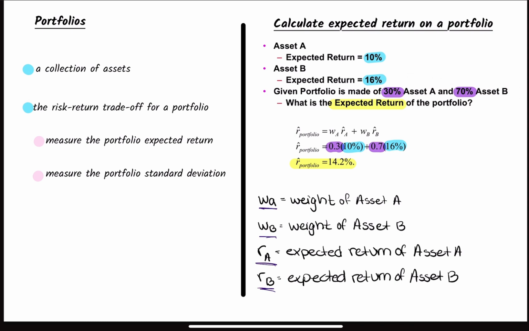Okay, so the expected return for our portfolio is going to be the weight of the asset times the expected return of that asset.